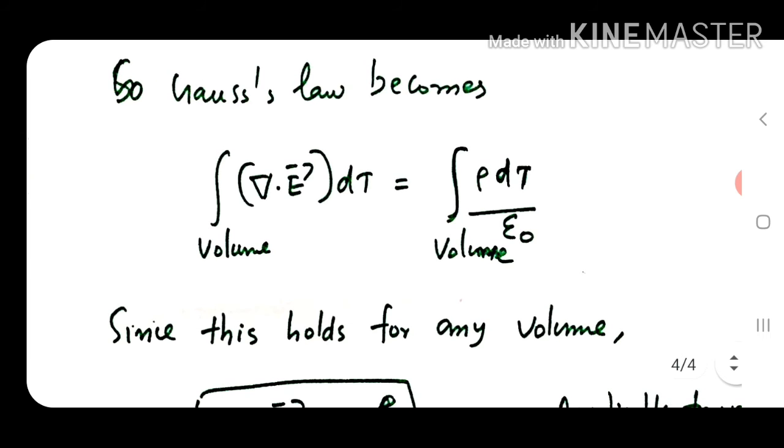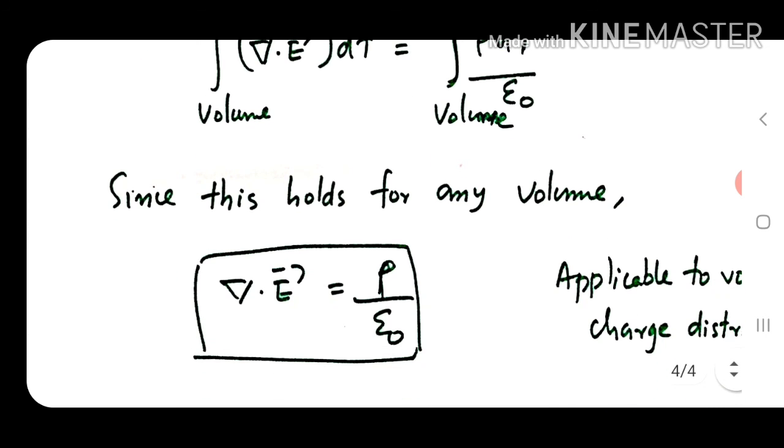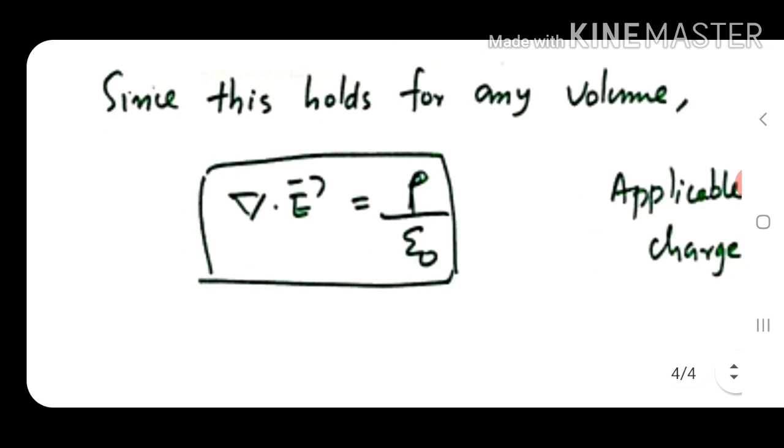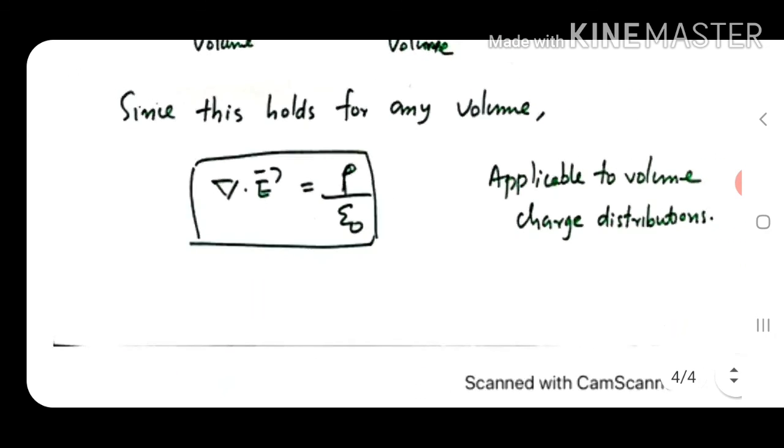The volume that we consider is an arbitrary one. So del dot E on the left hand side is equal to rho by epsilon 0 on the right hand side. So del dot E equals rho by epsilon 0.